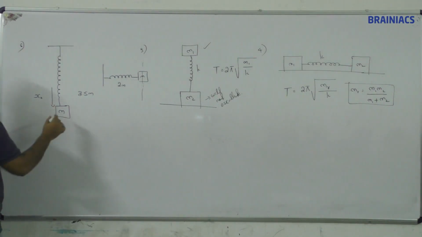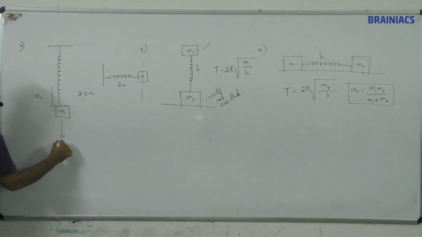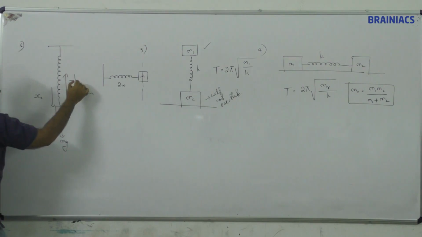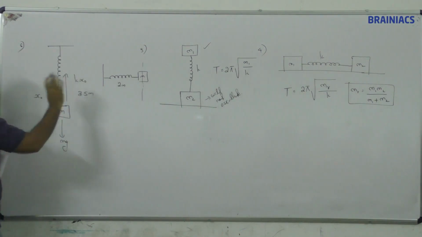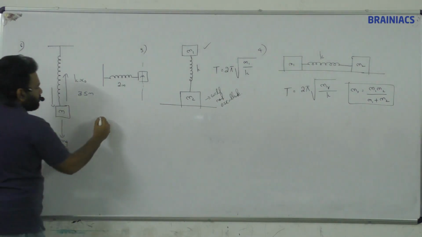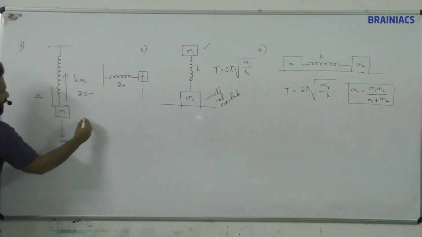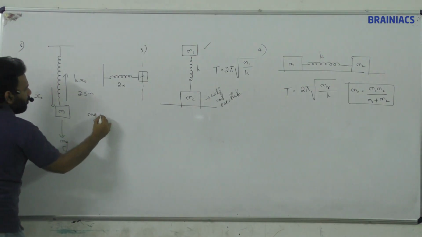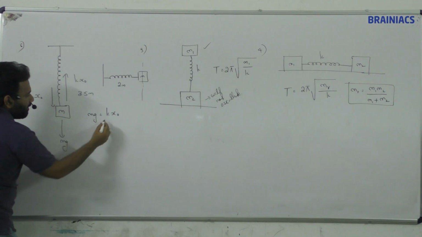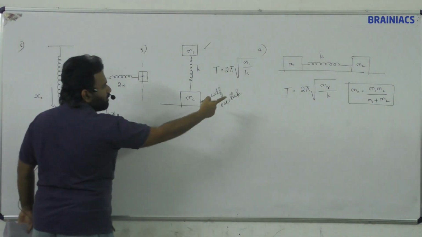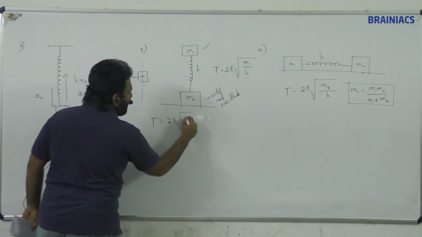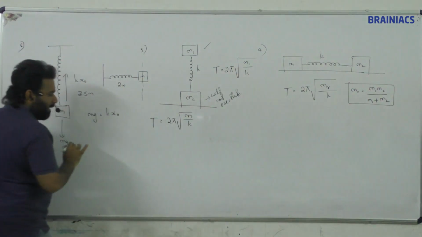Now if we equate the force, mg, and what is this, children? kx naught, just considering magnitude. Now if I write mg is equal to kx naught, I can write the formula T is equal to 2 pi into root of m by k.